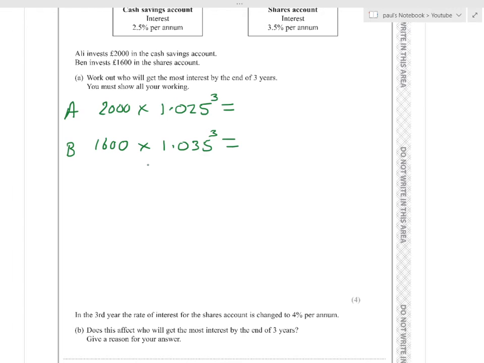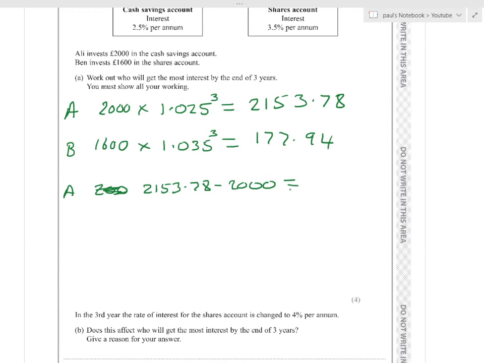2,000 times 1.025 cubed was 2153.78. And then 1,600 times 1.035 cubed is 1773.95. So A: 2153.78 minus 2000.